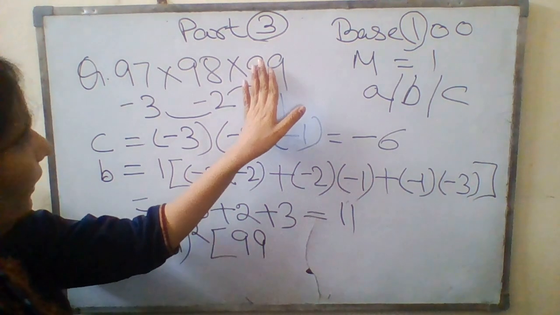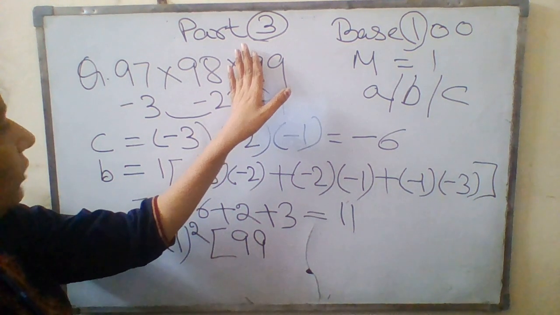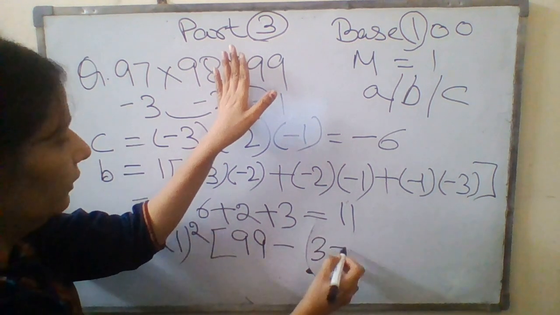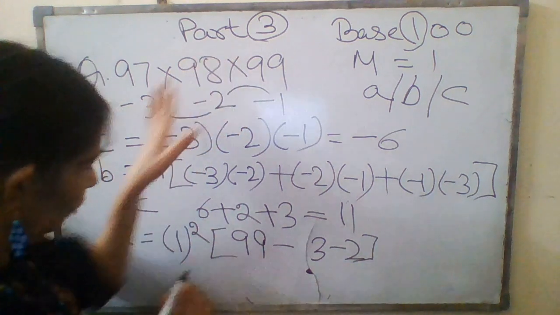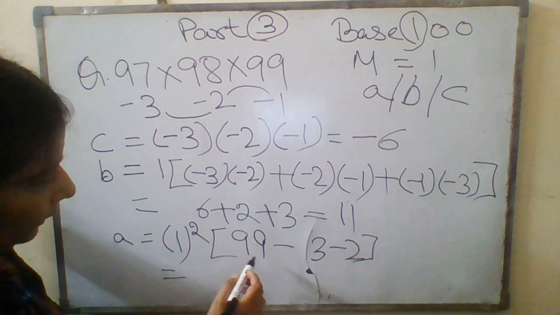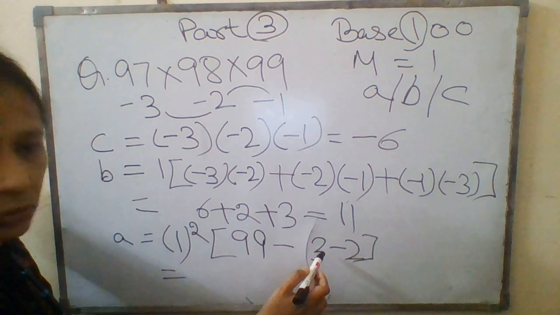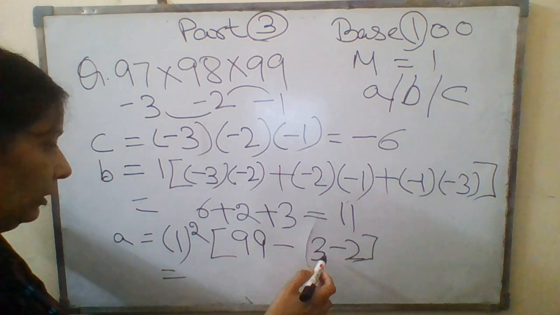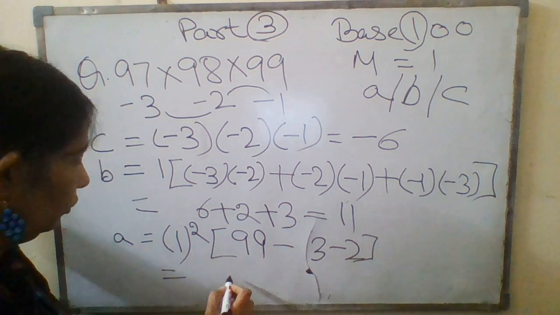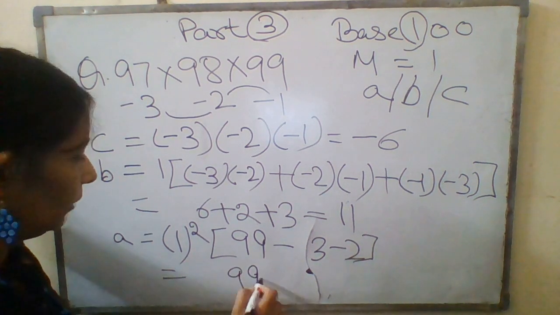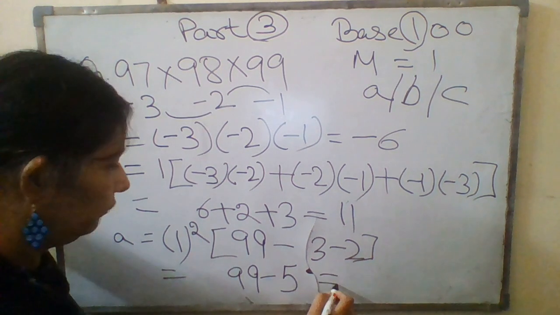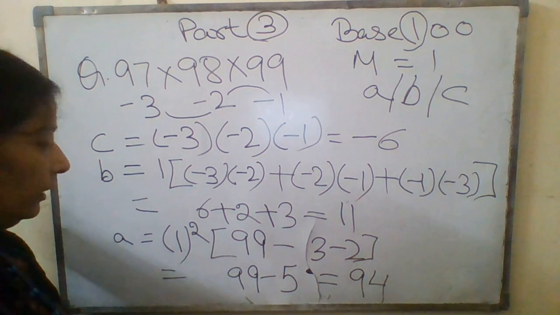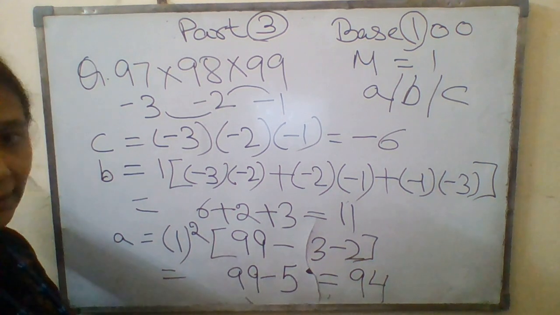Now the next two deficits are minus 3 and minus 2, so I write minus 3, then minus 2. When you solve it, minus 3 and minus 2 will be minus 5. So 99 minus 5 gives 94. You got the value of A as 94.